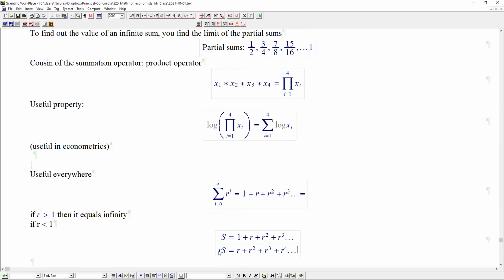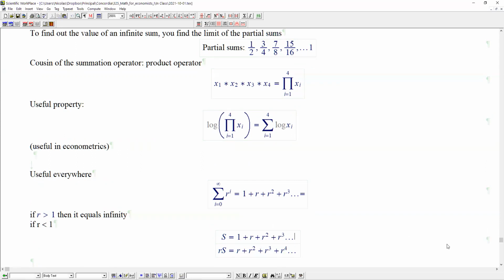You see that I have found almost the same thing. This is the same term as this, R squared is here, R cubed is this, and this difference is going to go on forever, basically.